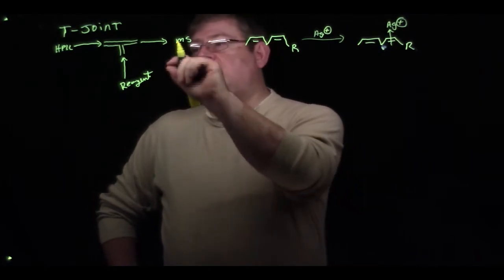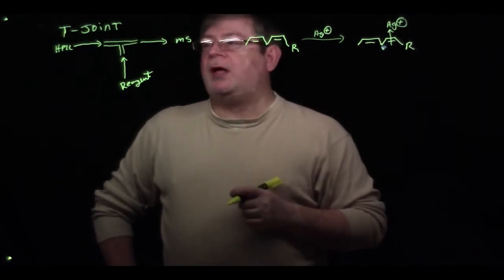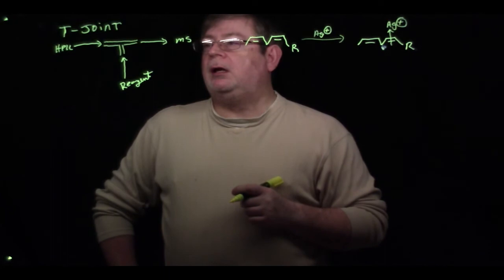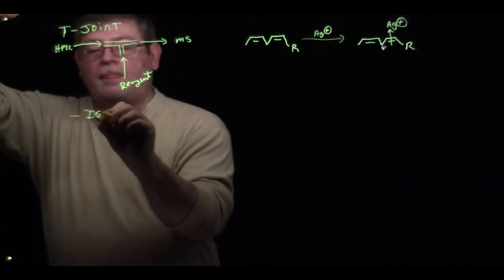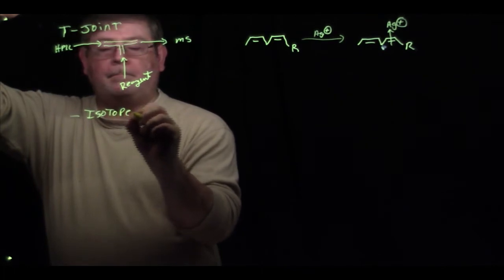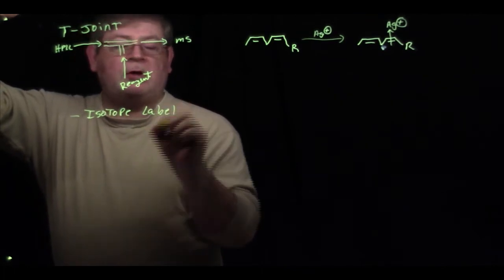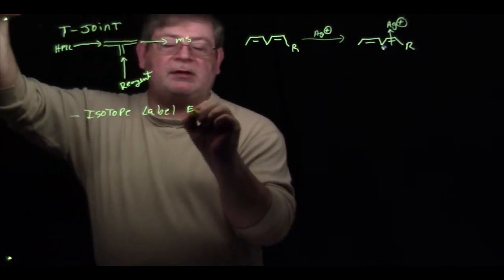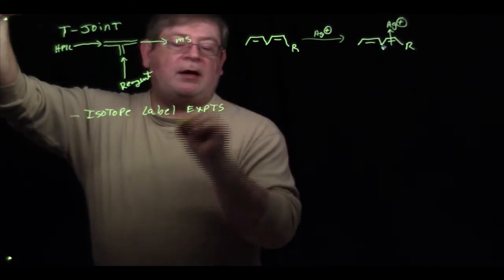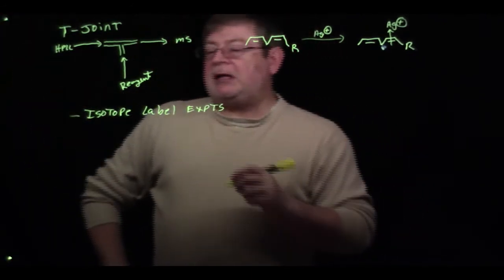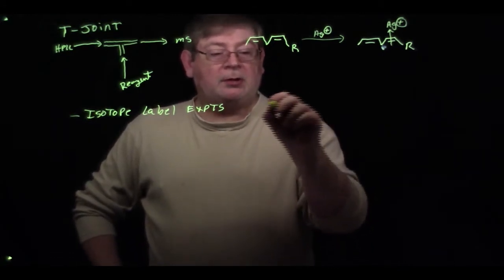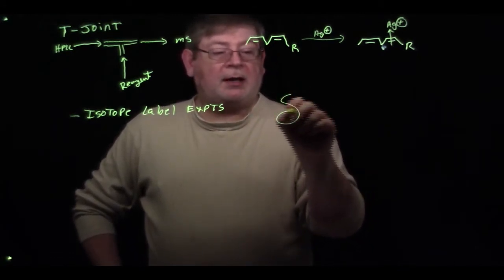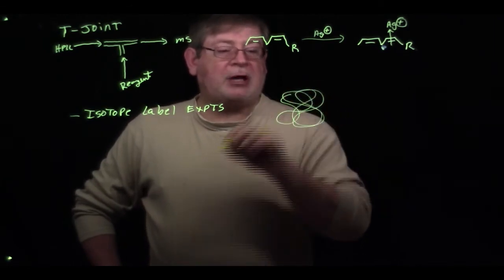Another thing that you can do with T-joints or with other types of experiments is isotopic labeling. You can do isotope label experiments very easily. Let's look at an example. Let's suppose you have a protein, and I'll just indicate a protein by a random kind of shape.